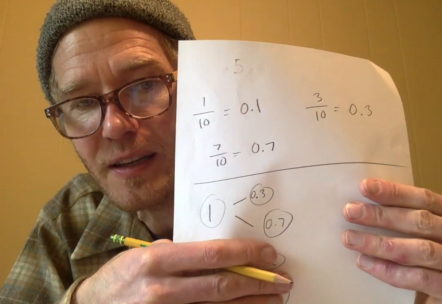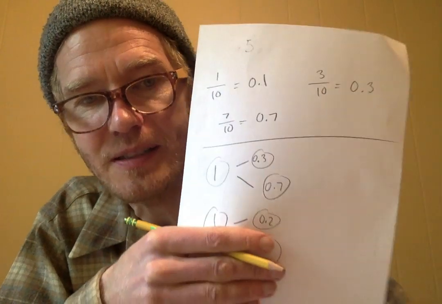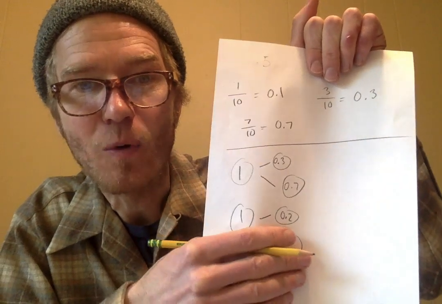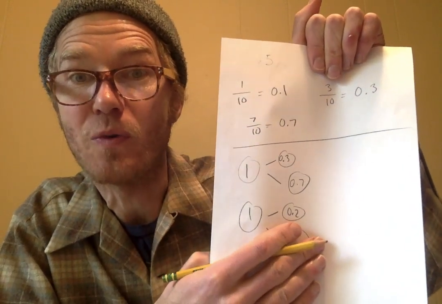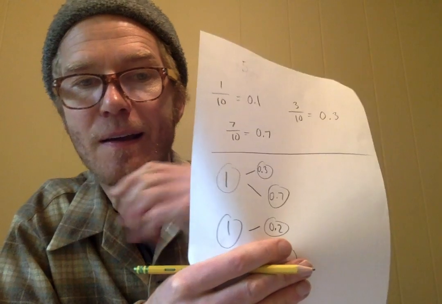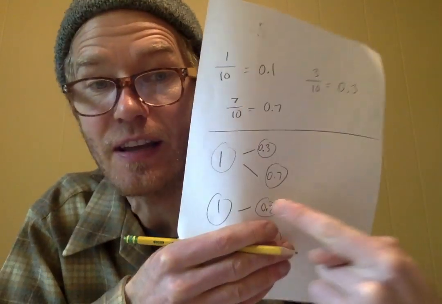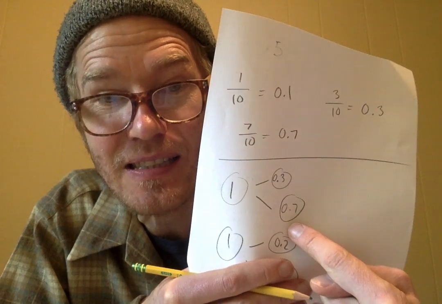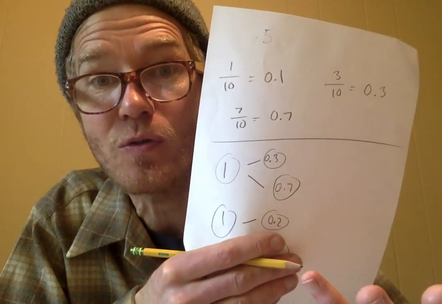What about if you get one that looks like this? That says 0.2. Well, 0.2 plus what equals 1? So 2, that's in the 10th spot, right? So 0.2 is 2/10. 2/10 plus what equals 1?